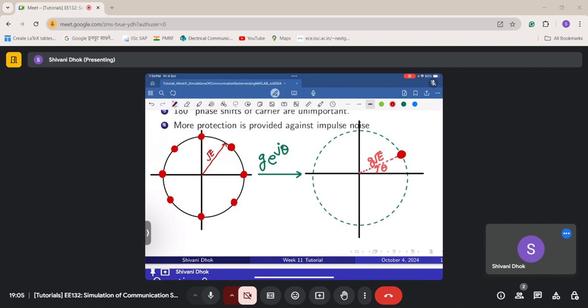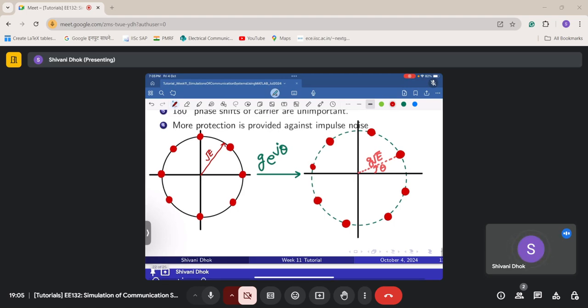Then my second point will be somewhere here, and so on for all eight points.